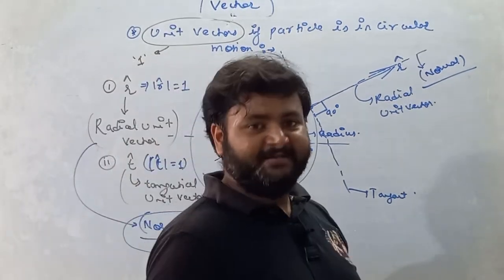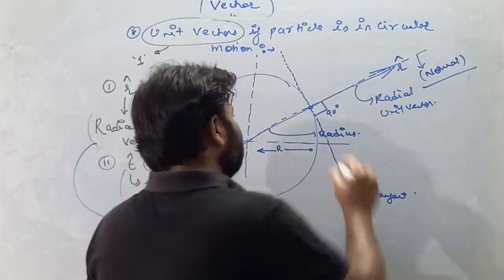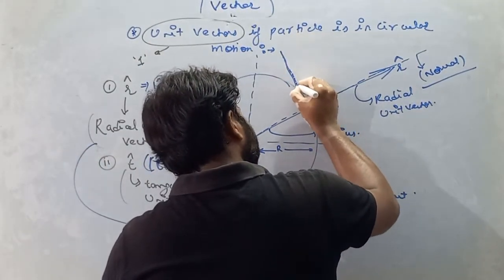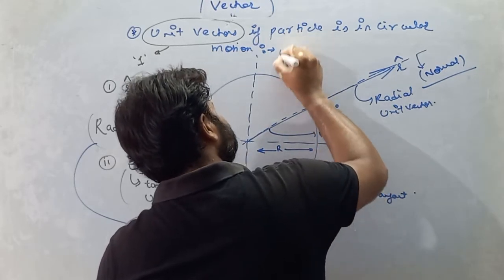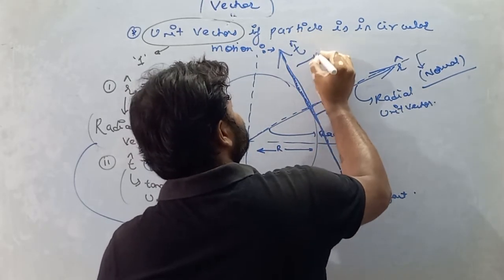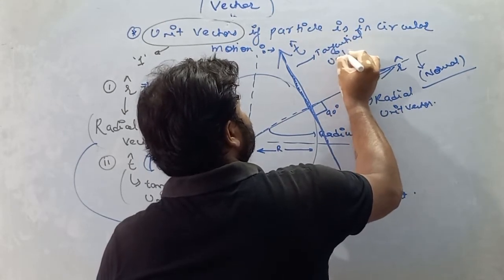Now moving forward, we are talking about the tangential unit vector. The unit vector which lies along the tangent, because this line is tangent, is called the tangential unit vector.